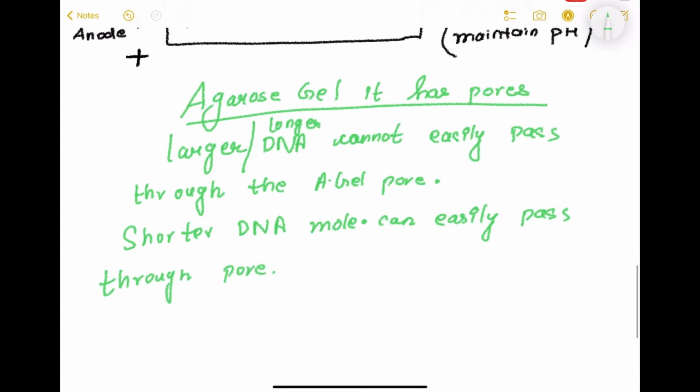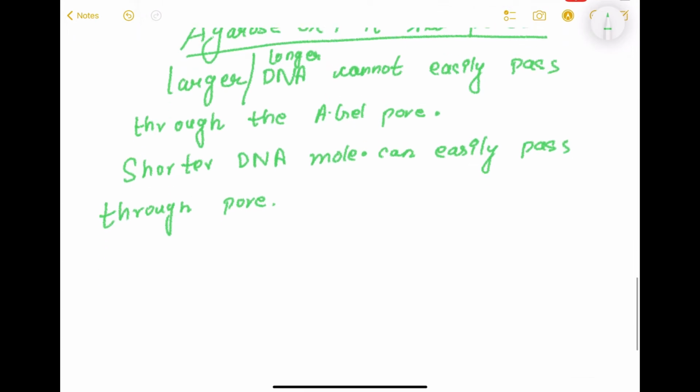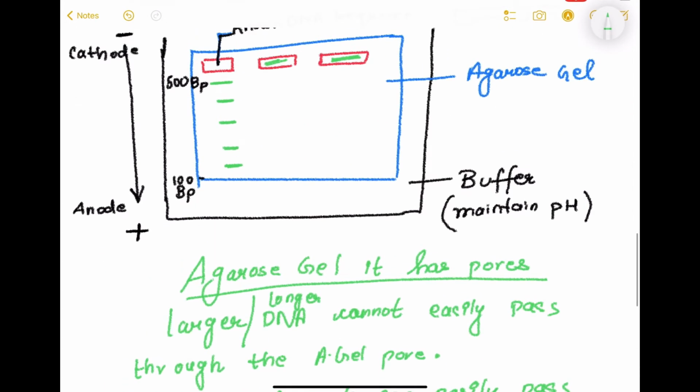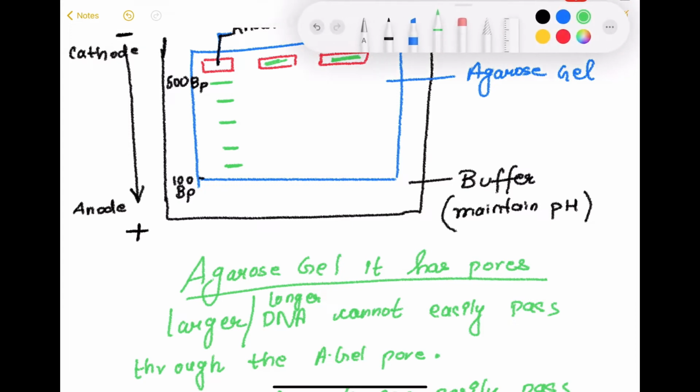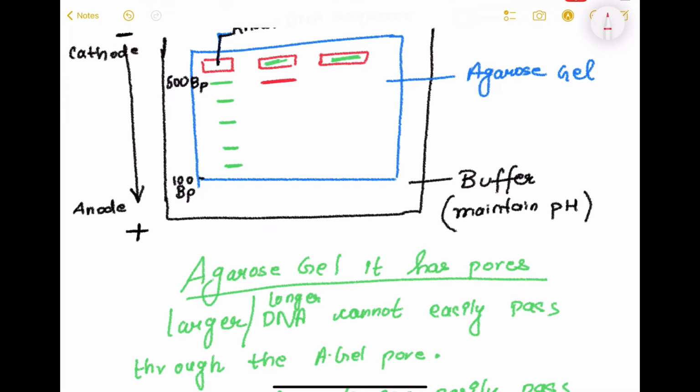With the help of their differential sizes, suppose over here the larger DNA molecule is present at the top, it is unable to move downwards, whereas the smaller DNA molecule can pass to the bottom, further, whereas the large DNA molecule cannot pass.